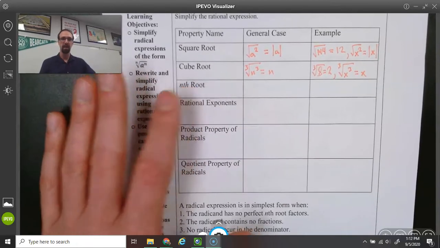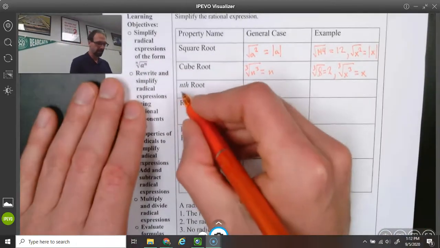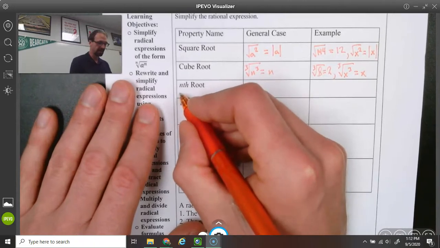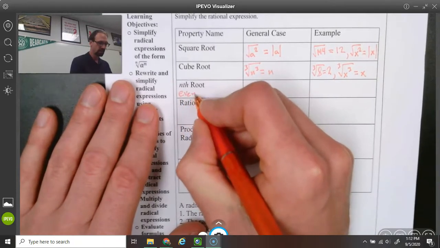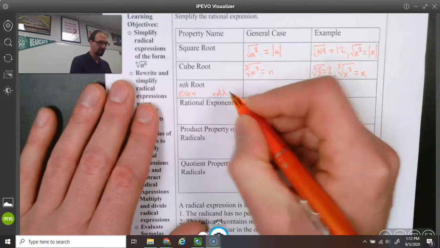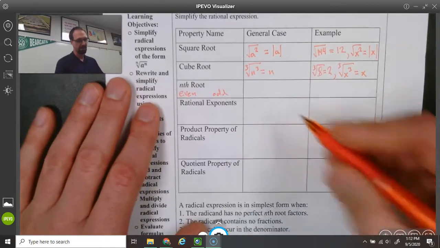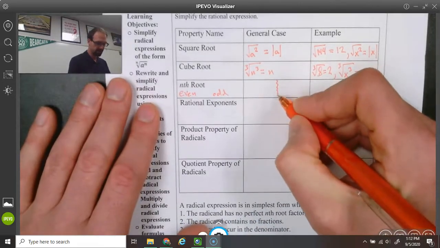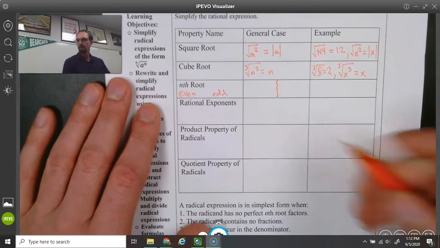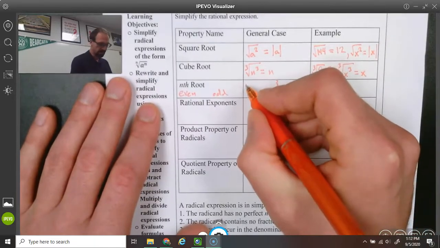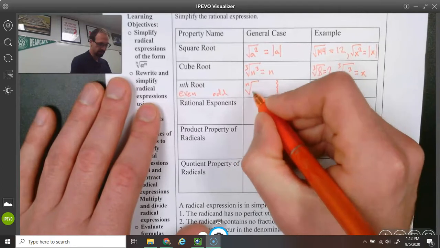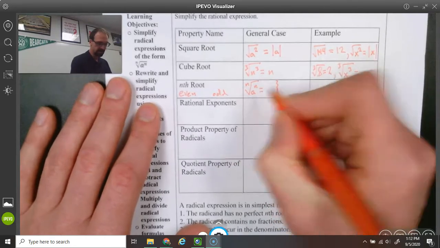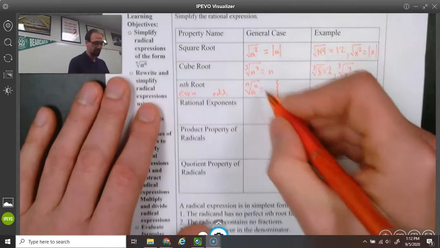So when we talk about nth root, we're going to have two cases. We're going to have an even case, and then also an odd case. So if I have an even case, say we have the nth root of a to the n, then we need to have the absolute value of a.